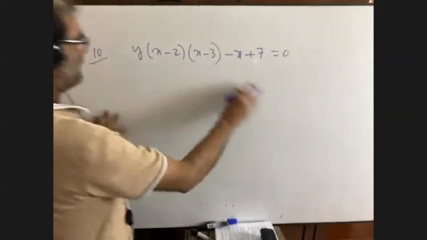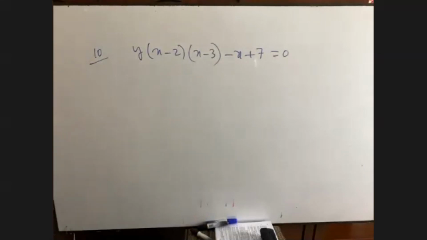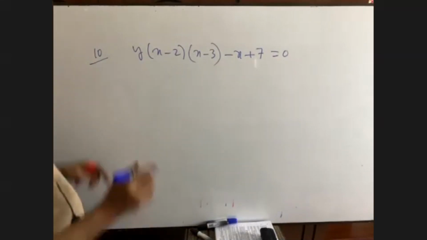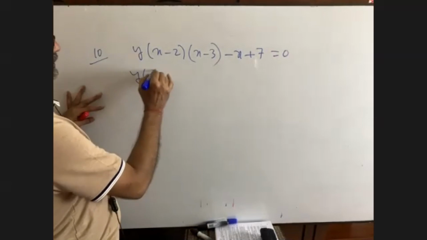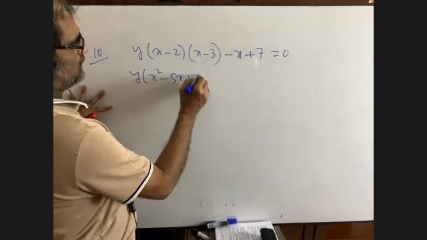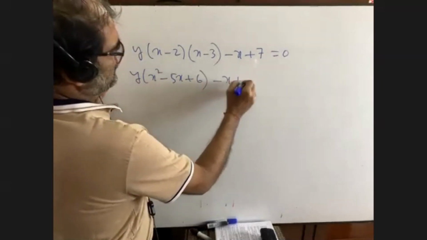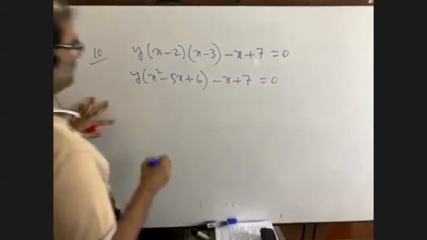Same thing. Can you find dy by dx from here? What will you do? y, x square minus 5x plus 6 minus x plus 7 equals 0, right?